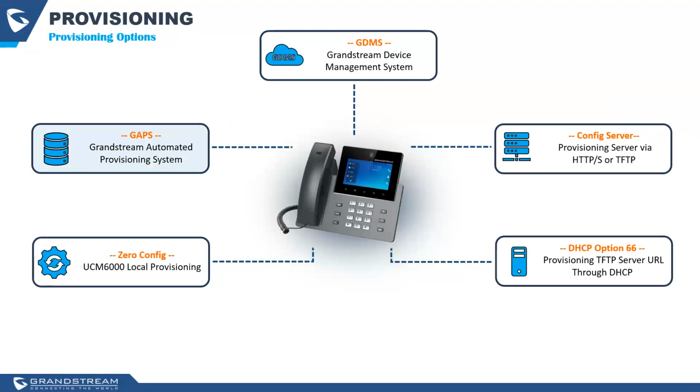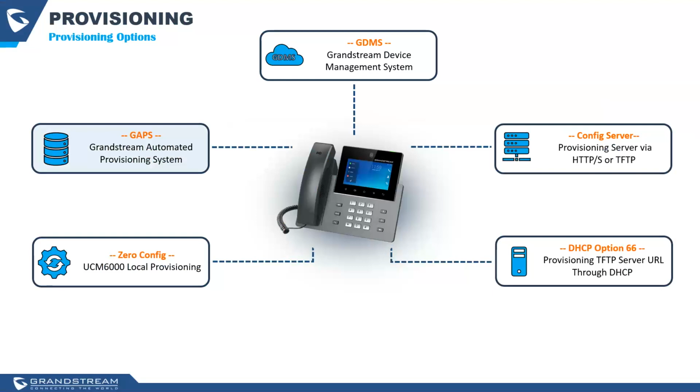This is done by pushing the config server path to point to their provisioning platform. And the provided URL or IP address will overwrite the GAPS default URL, and the device will save the provisioning server information for any future provisioning requests.